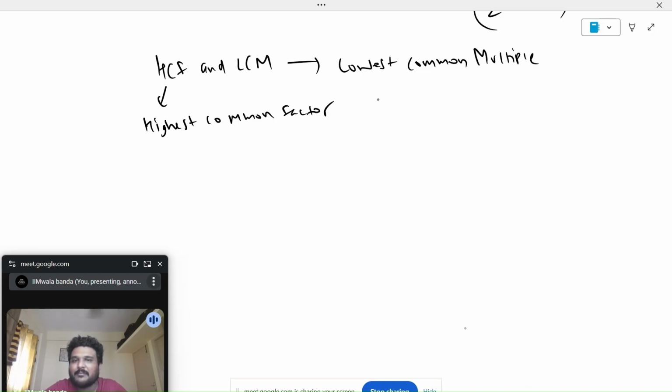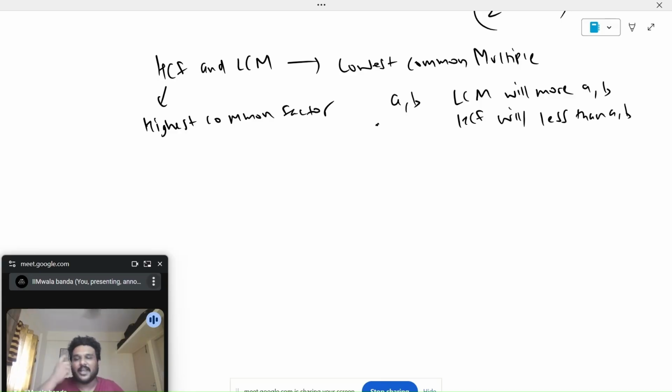For two numbers A and B, their LCM will be more than A and more than B, and HCF is a common factor. What is common between the two? So it will always be less than A and B. Although they sound like highest and lowest, it's the opposite.